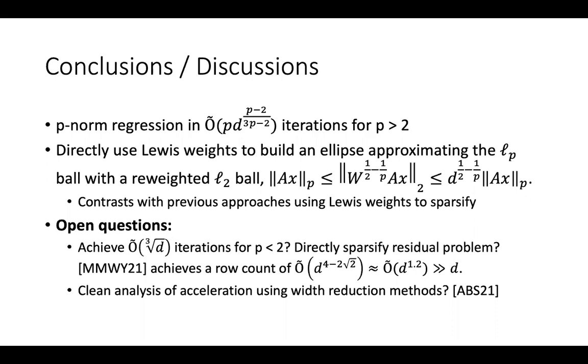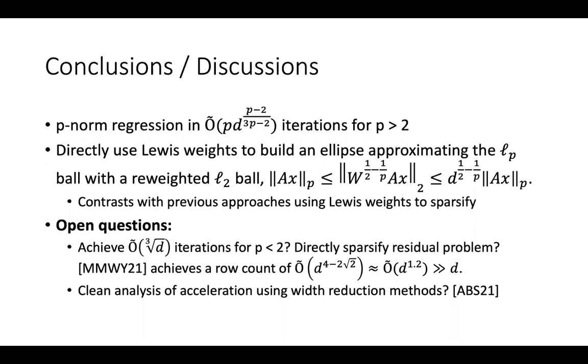As for open problems, I think the most natural open problem is to achieve a cube root D iteration count for P less than 2. And this would make this whole picture make a lot of sense for LP norm regression. An idea for doing this is to directly sparsify the residual problem which results from it.